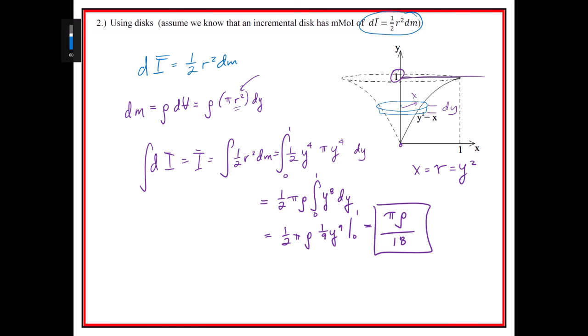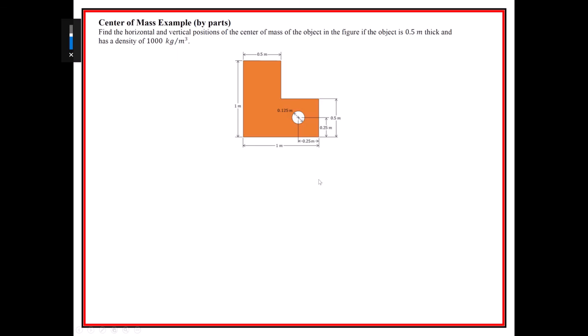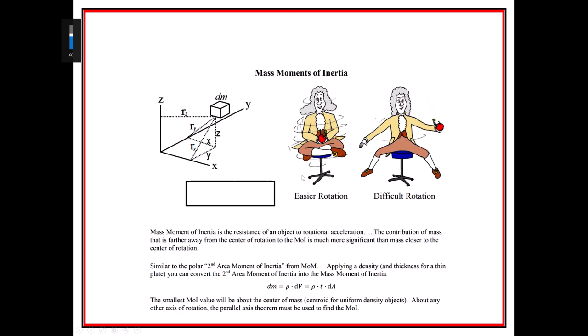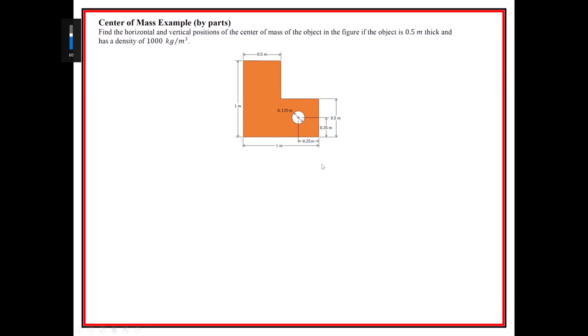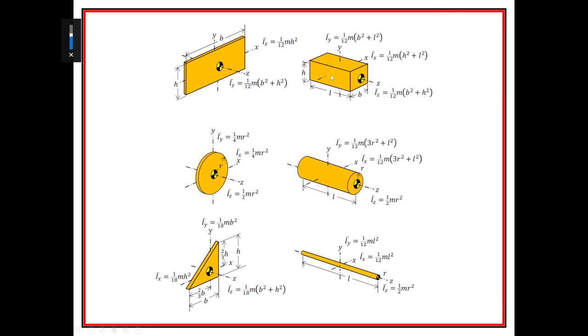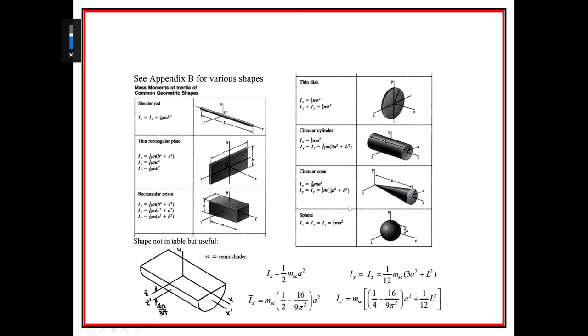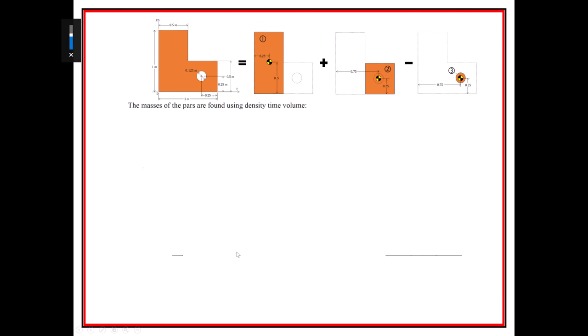So this is just a demonstration of the method of using integration to get the mass moment of inertia. Frankly, most of the time we end up using integration by parts and using the tables for individual shapes. But if you want to know where we got these solutions right here, or how we could find it for the cone, a sphere, or this half cylinder right here, and confirm that these equations are right, this is the method.